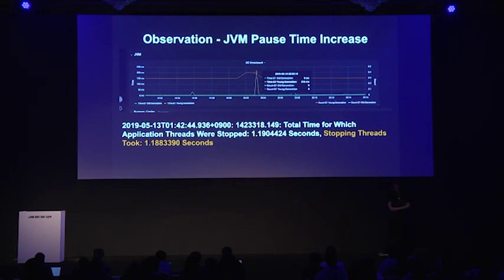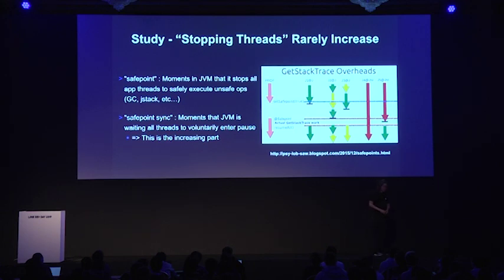And the interesting thing is that this log is showing the detailed information of JVM pause time. The first part, application threads were stopped, increased by 1 second. On the other hand, the stopping threads part was also increasing. And this is a very unusual pattern.